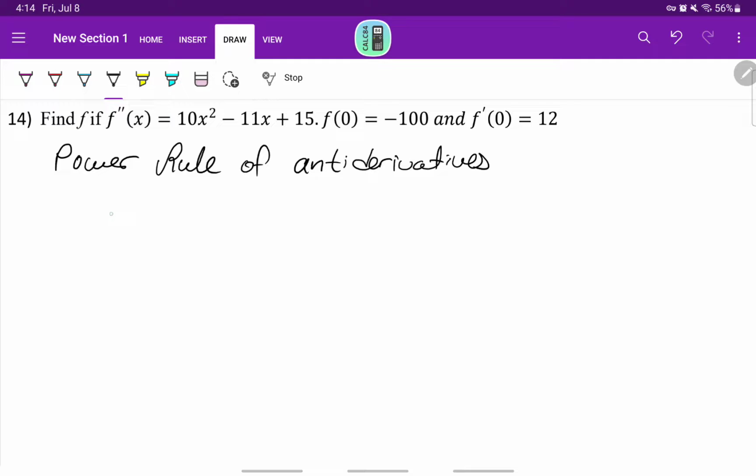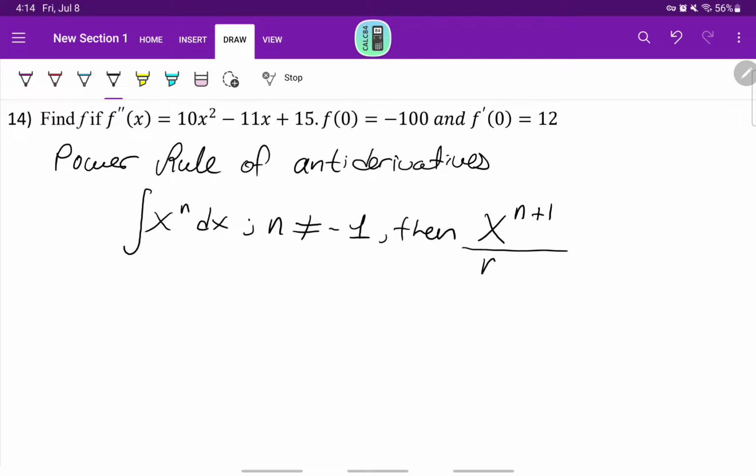And that states, if we're taking the antiderivative or the integral, which means antiderivative, of x to the power of n, the antiderivative is in respect to x, such that n cannot be equal to negative 1, then the answer is going to be x to the power of n plus 1 divided by n plus 1, and then we're going to plus our general constant of c.